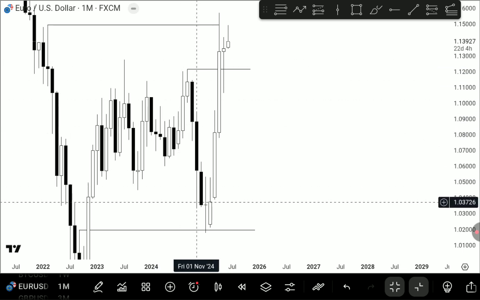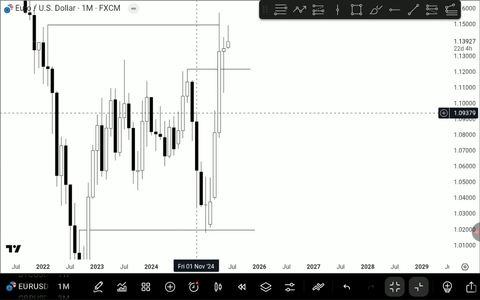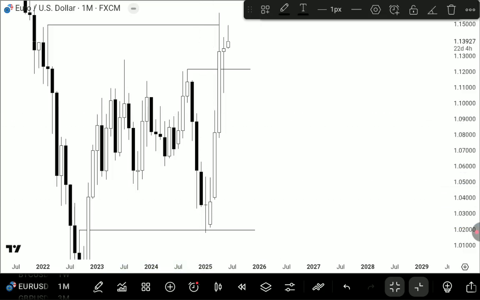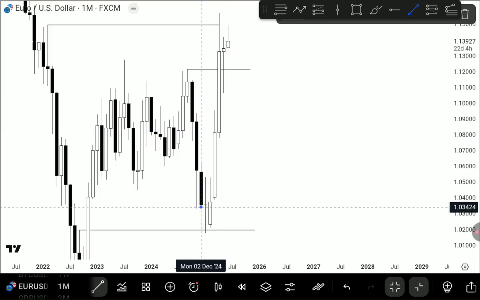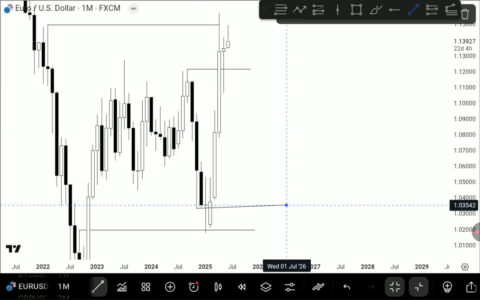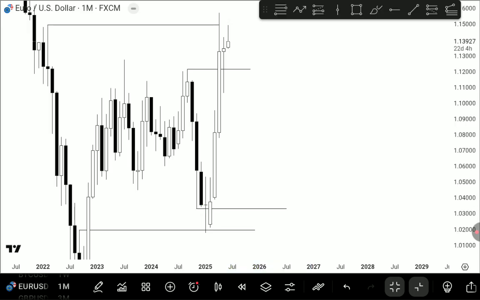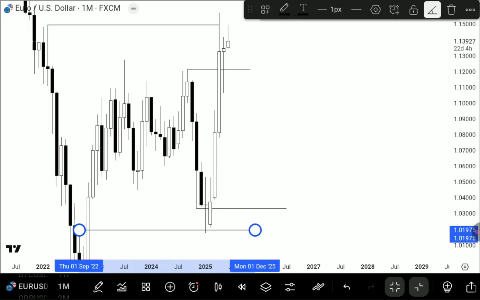So when I talk of highs and lows, I'm also talking about candle highs and lows. That also takes part in evaluating my order flow.